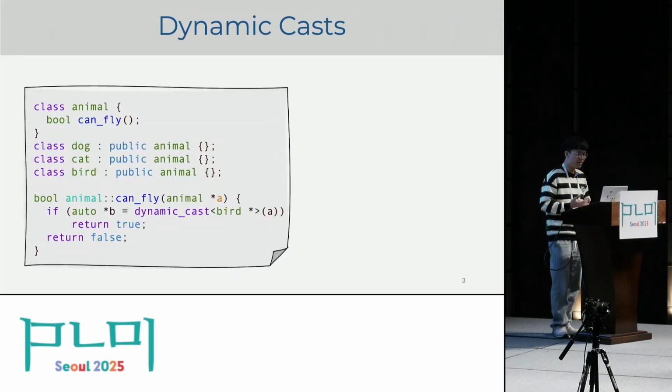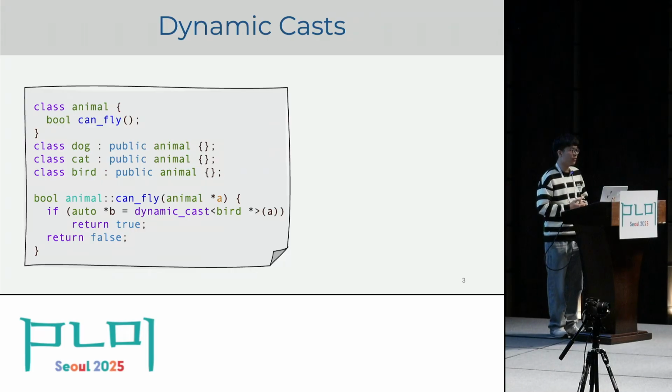dynamic_cast is a handy feature in C++ that allows us to safely convert pointers or references between types. For example, let's say we have classes Dog, Cat, and Bird, and they all inherit from the base class Animal.